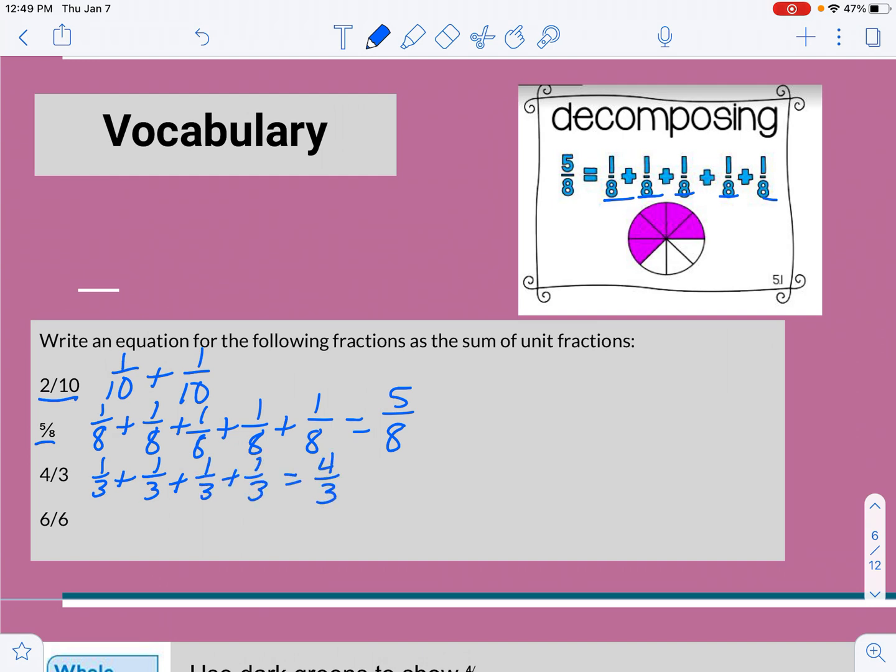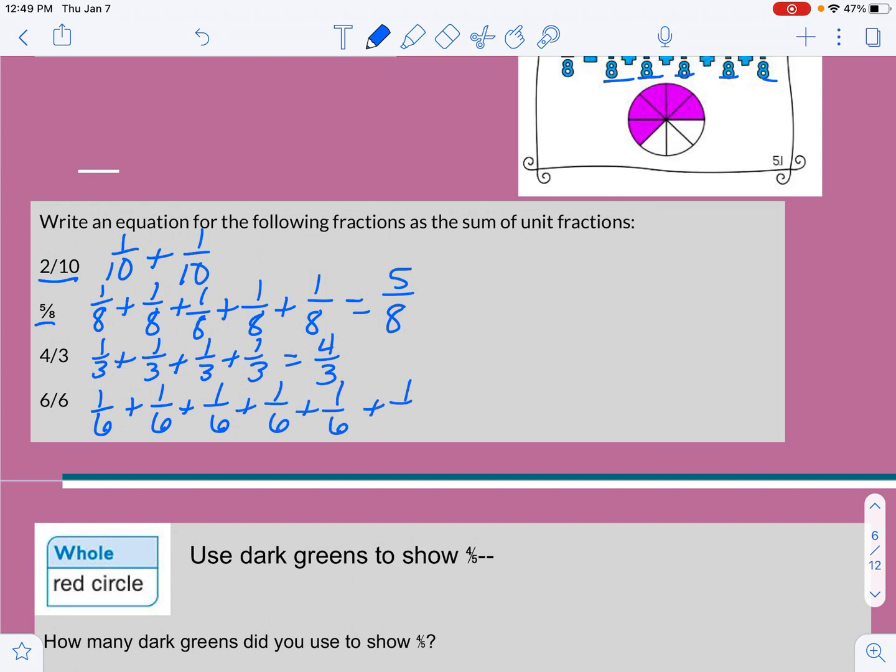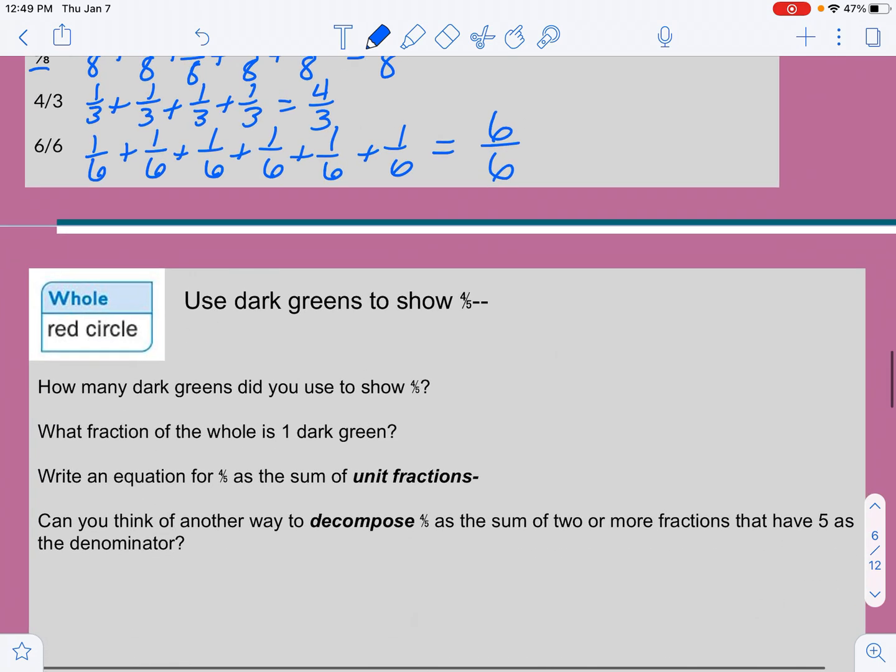And you might be thinking that looks like more than a whole, and it is. We'll get to some mixed numbers in a moment. And then 6/6 is equal to 1 whole. And we know that if we add up 1/6 6 times, we're going to end up with our whole, or 6/6. So that is writing our sum of unit fractions. We're decomposing and breaking it down into those unit fractions.